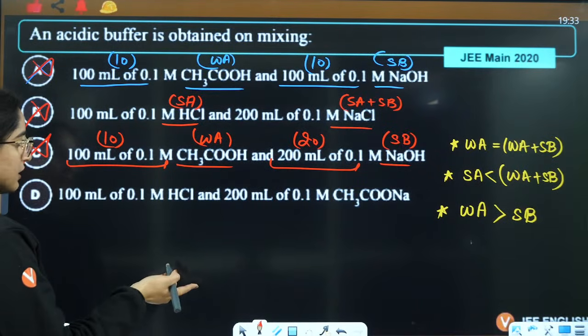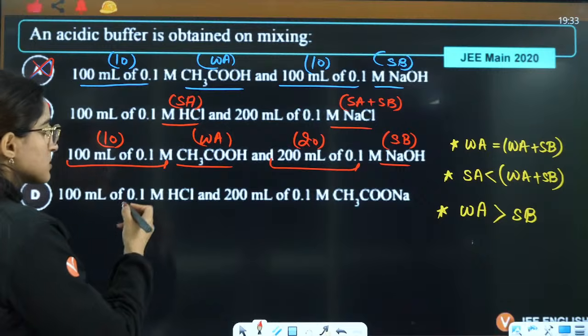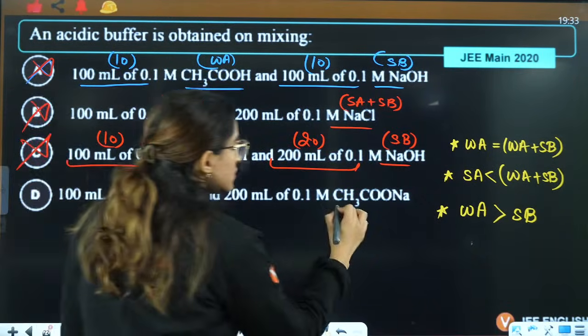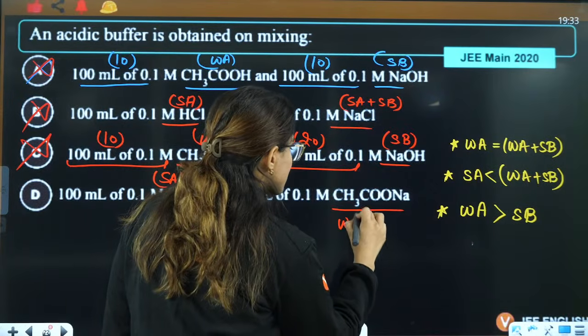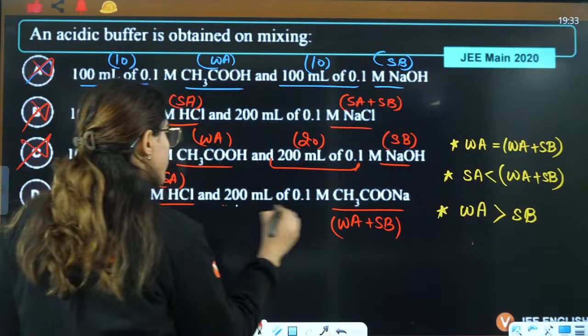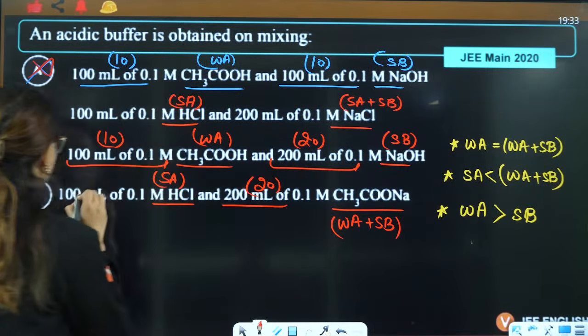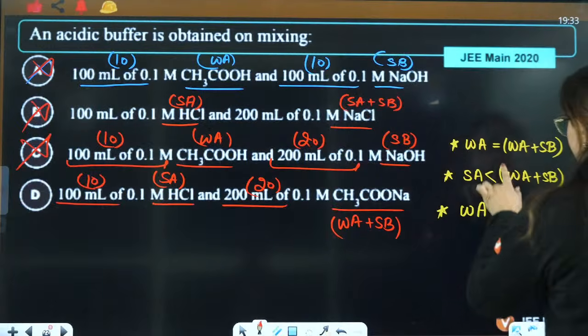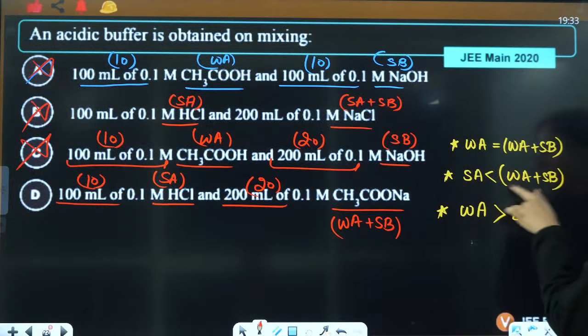If you see here, this is a strong acid and this is a weak acid plus strong base. Here the number of moles is 20 and here the number of moles is 10. Strong acid and weak acid plus strong base, this condition you have.